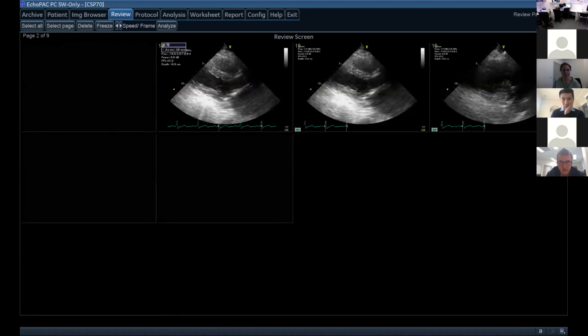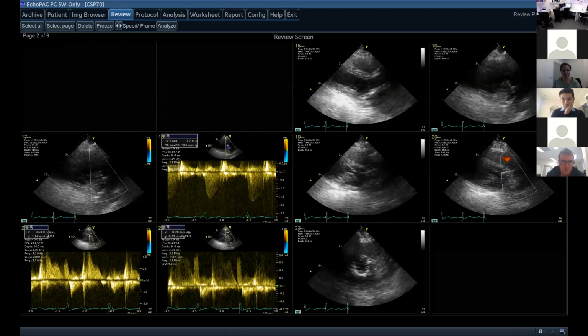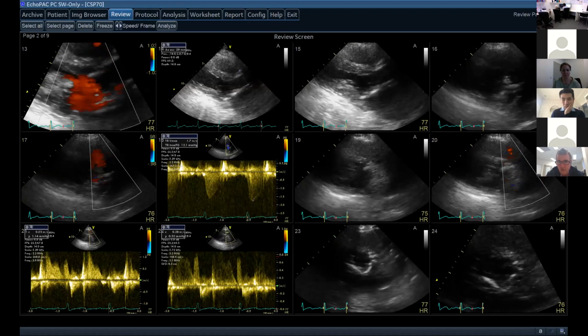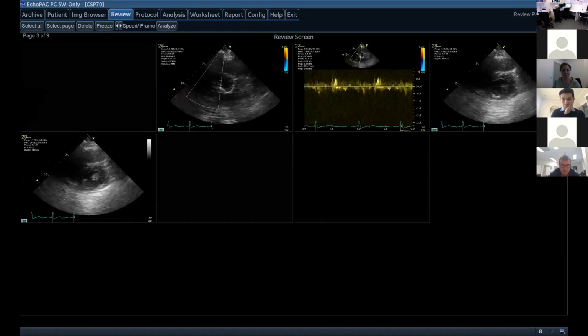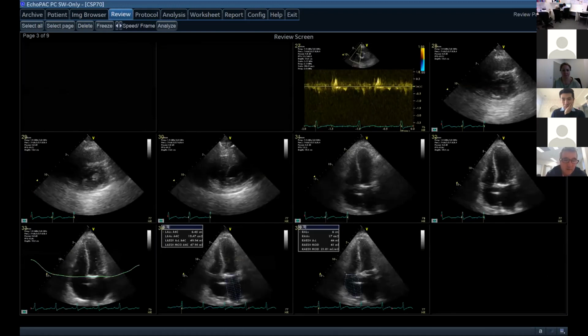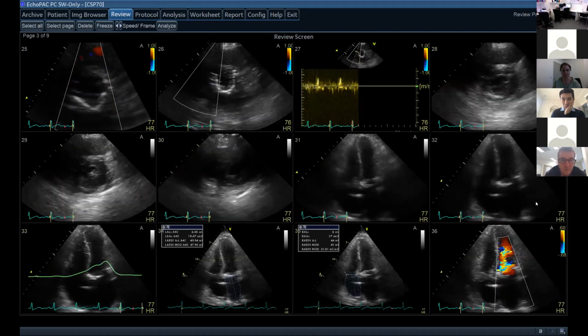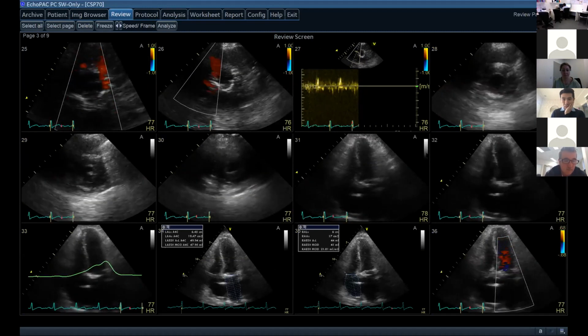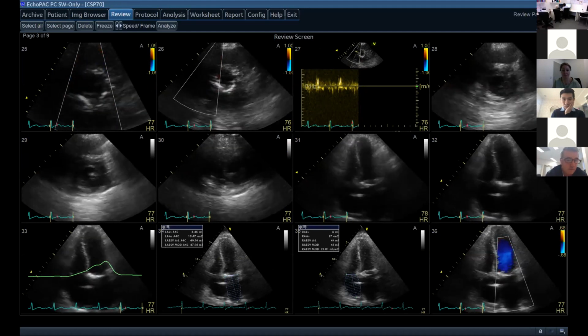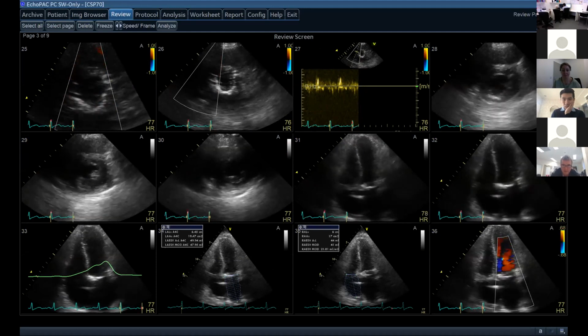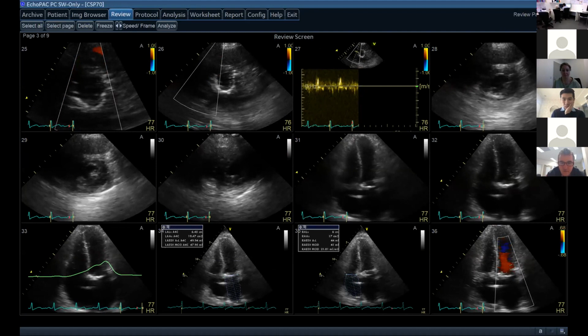In the interest of time, I'm going to skip to the money shot. This is a 75-year-old man who's just been admitted to the ICU with shortness of breath, needing increasing levels of oxygen, and he's got a borderline blood pressure. He has a background history of hypertension, ischemic heart disease, and CABG in the past.